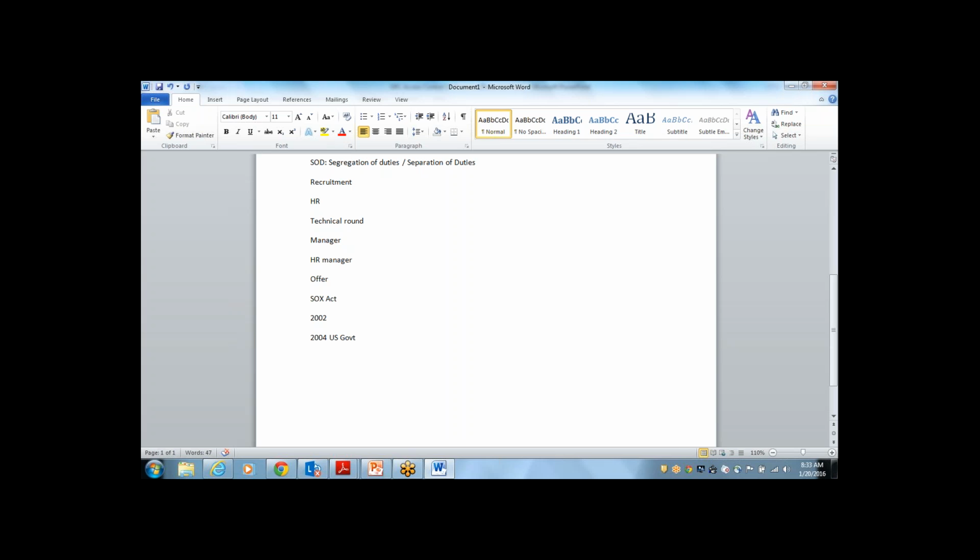SOX 404, 501, 302: there are so many acts available, and each act says something. SOX 302 says the company's CFO or CEO should not sign any report with material errors. We'll go through these things later, very slowly.